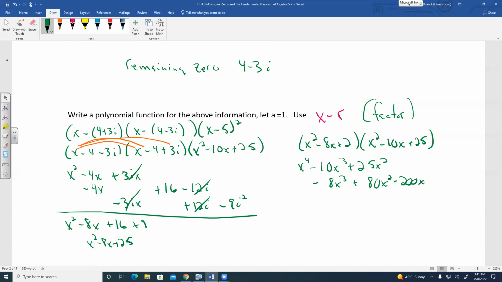So 2 times x squared would be 2x squared. 2 times negative 10x would be negative 20x. 2 times 25 would be 50.